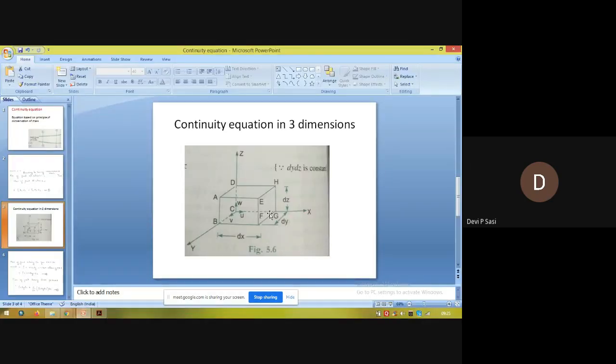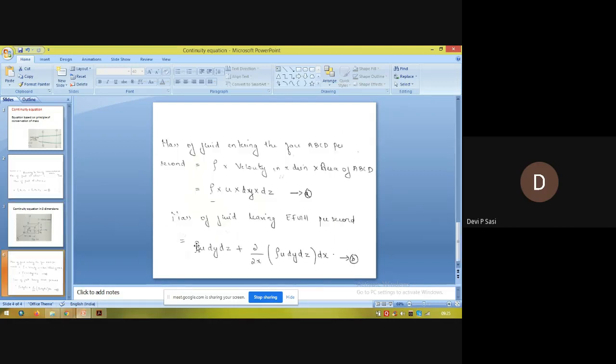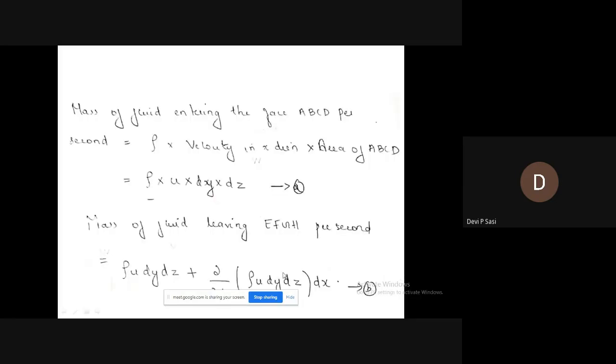You see this is dy and this is dz, and the velocity component is u. So rho into u into dy into dz, and it is changing with respect to x direction. So it becomes dou by dou x of rho into u into dy into dz.